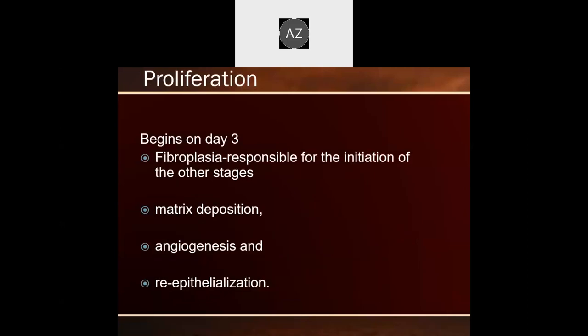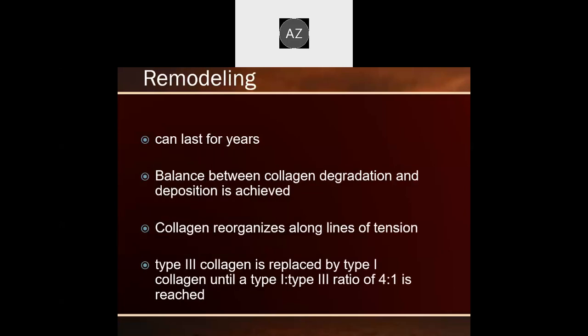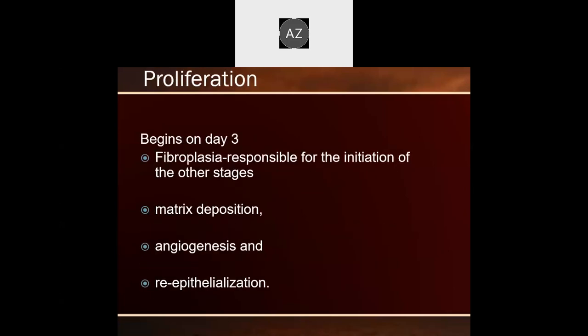It involves fibroplasia that is responsible for the initiation of the other stages, the matrix deposition, angiogenesis, and then reepithelialization. Don't forget this. Remember, from the blood vessels, then there is matrix, there are fibroblasts. They come here. Then the epithelium reforms again.